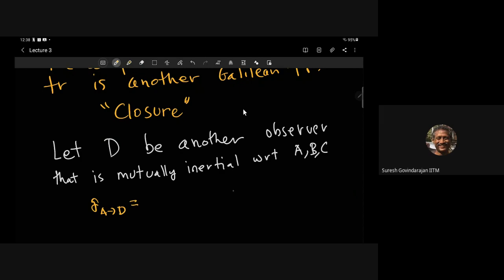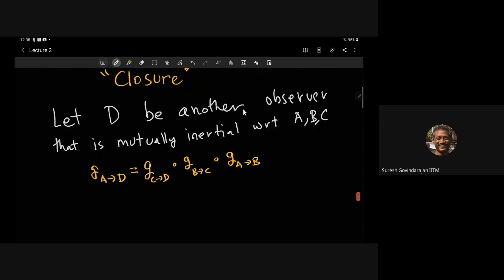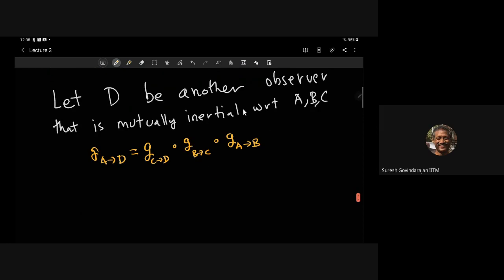Now I can do this in the following way: G A to B, then compose it with G B to C, compose it with G C to D. I can do it in 3 steps. But now I can do this in many ways.